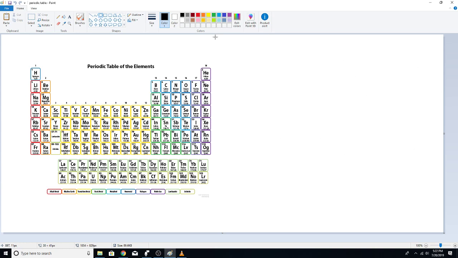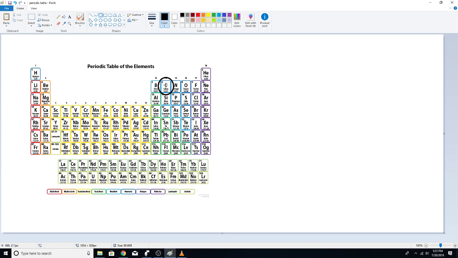So, for example, if we take carbon, I'll put a circle around it. As you can see, it says the proton number is 6, so it has 6 protons. That doesn't change at all. Otherwise, if it did, then we'd be moving on to other elements.